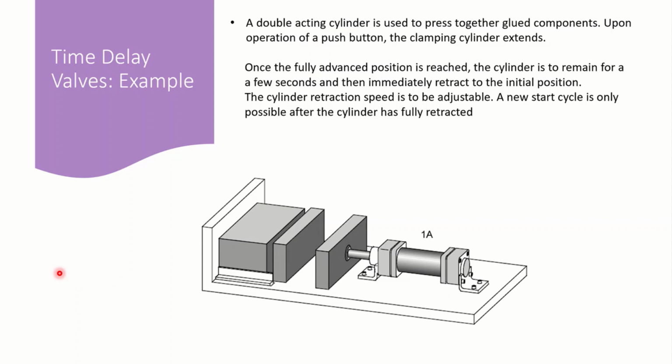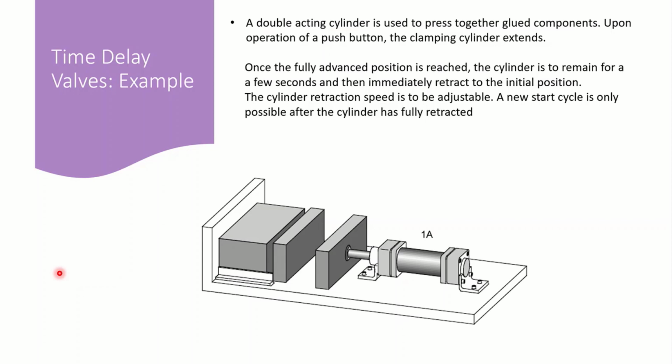Once the fully advanced position is reached, the cylinder is to remain for a few seconds and then immediately retracts to its initial position. The cylinder retraction speed is to be adjustable. A new start of the cycle is only possible after the cylinder has fully retracted.